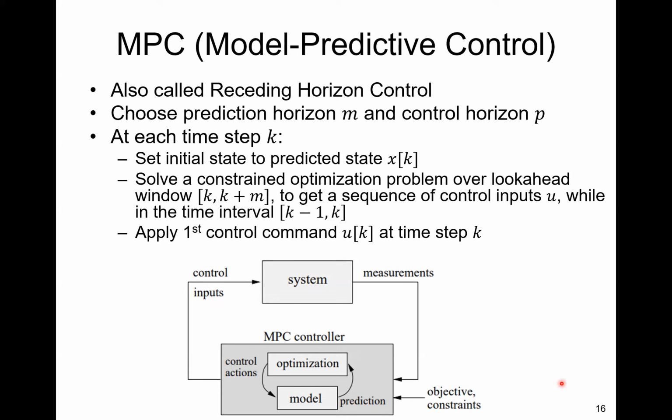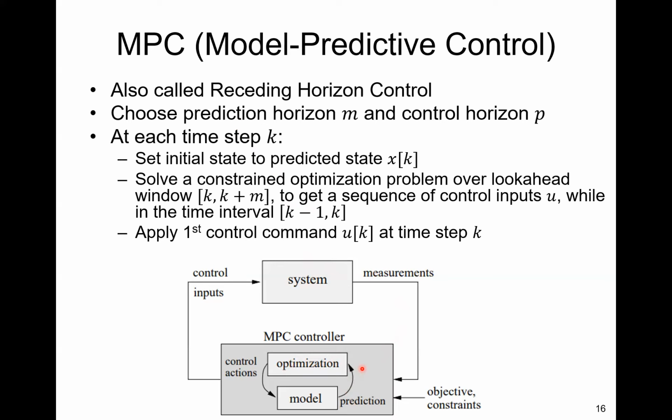So the next controller we'll introduce is MPC, Model Predictive Control, also called Receding Horizon Control. You have a physical system or plant, and your controller runs an inner optimization problem at every time step. You have a prediction horizon M time steps and a control horizon P time steps.